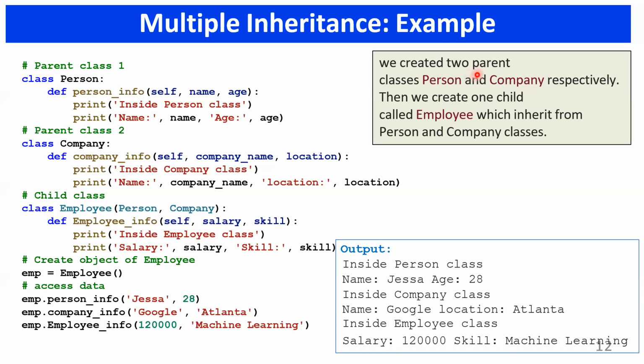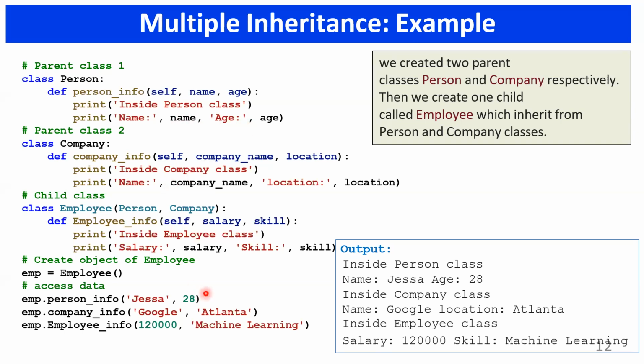So here we created two parent classes, person and company respectively. Then we created one child class, which is called employee, which inherits the properties of the person and company classes. So when we try to execute this program, it is going to print "inside person class" with the first method person_info, and it is also going to print the name and age.